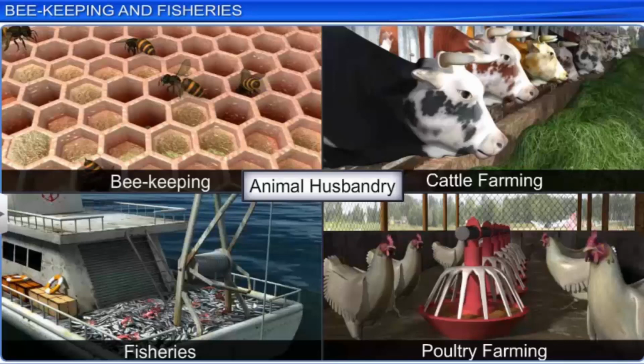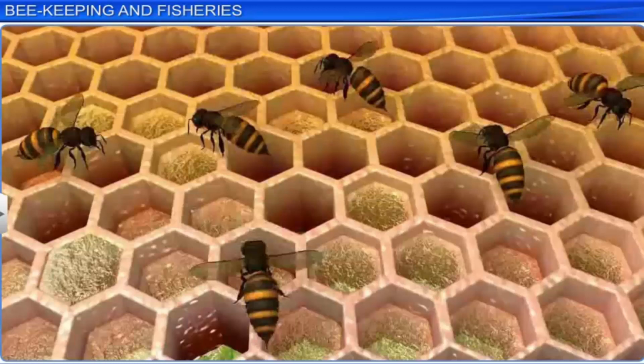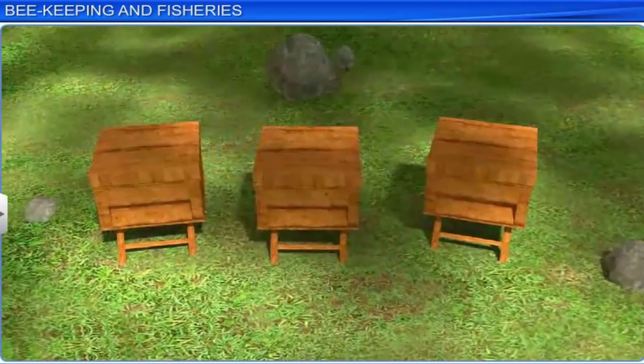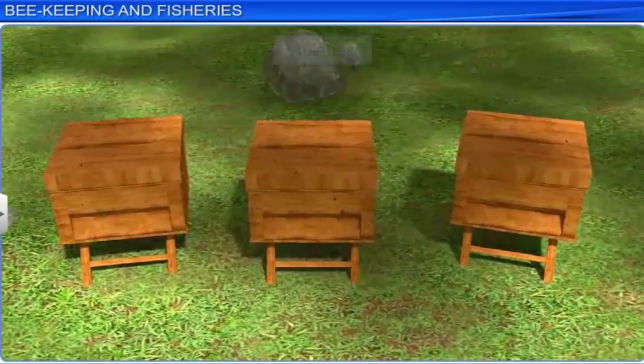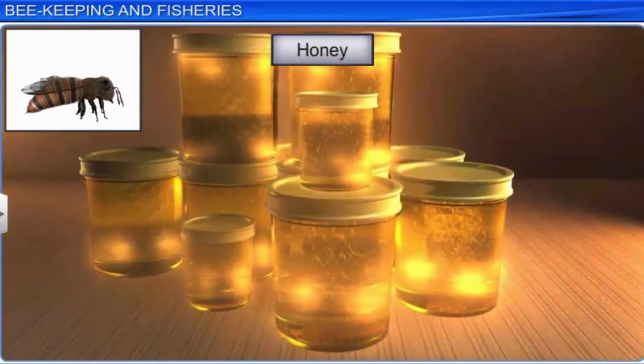Animal husbandry includes beekeeping and fisheries, in addition to cattle and poultry farming. Beekeeping, also known as apiculture, is the rearing of honeybees in artificial beehives called apiaries for the commercial production of honey.